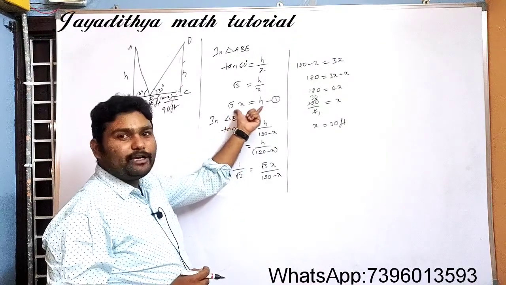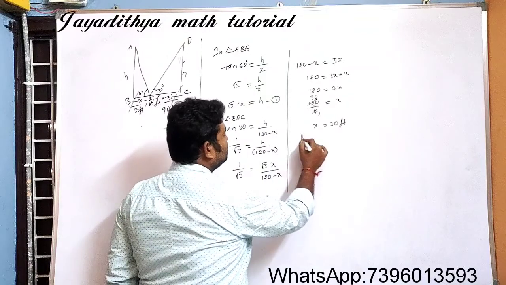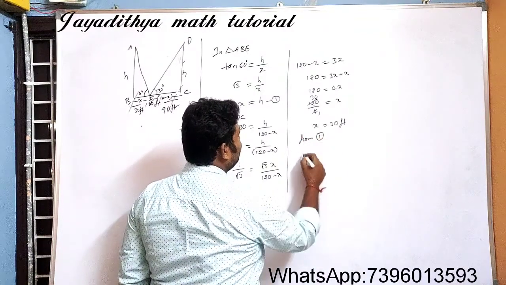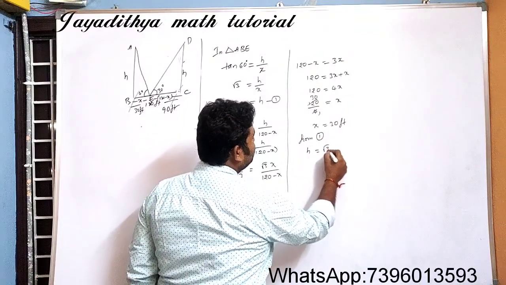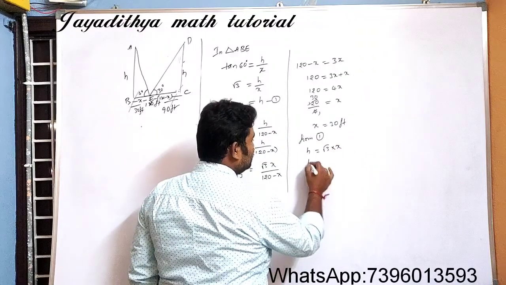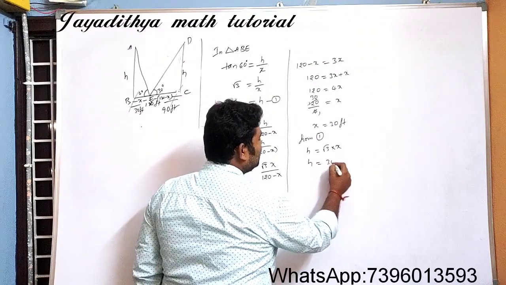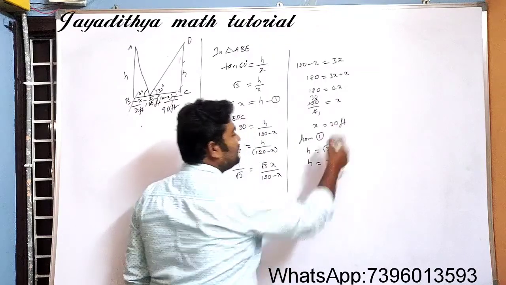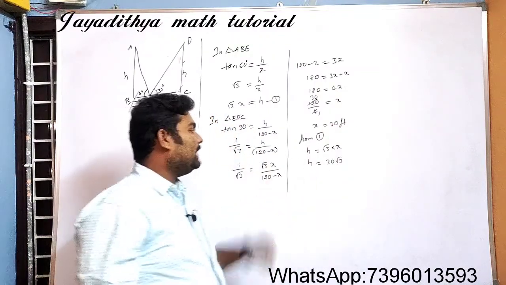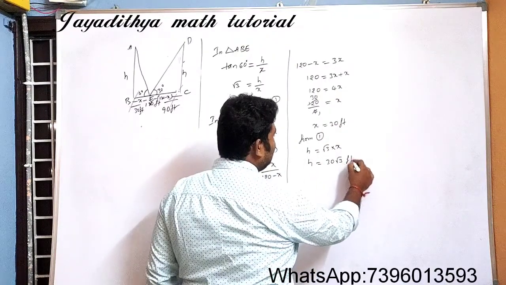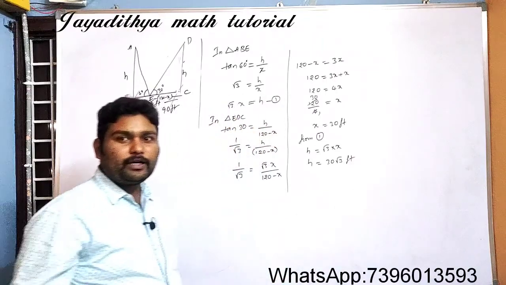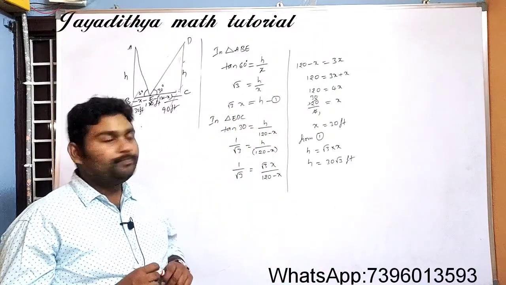From equation 1, height is equal to root 3 into x. So h is equal to 30 root 3, because the x value is 30. So the height will be 30 root 3. Units are again feet.